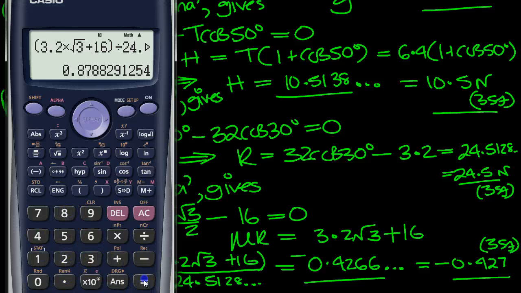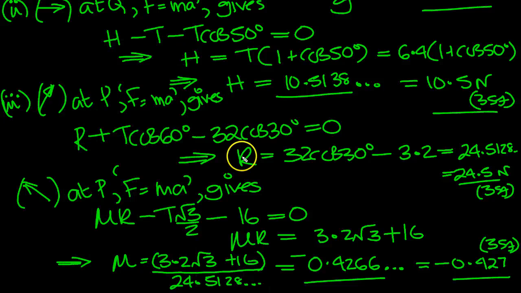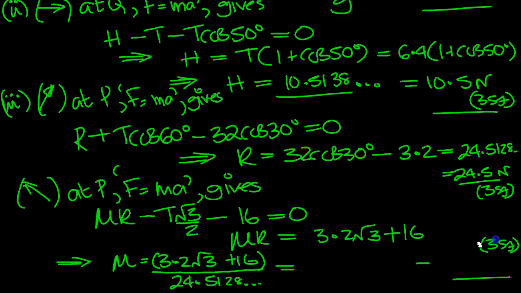There we go. 0.879 to three significant figures. So let's just scratch that final calculation, because that minus 16 just made it all go gobbledygook. But now we're happy that we've checked it. And that's the three significant figures.